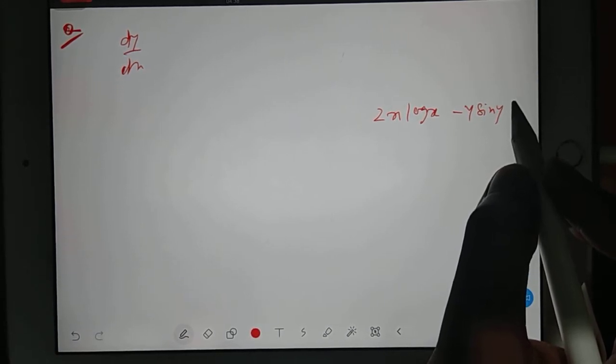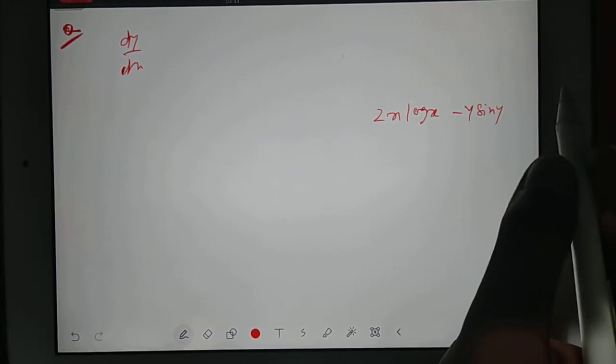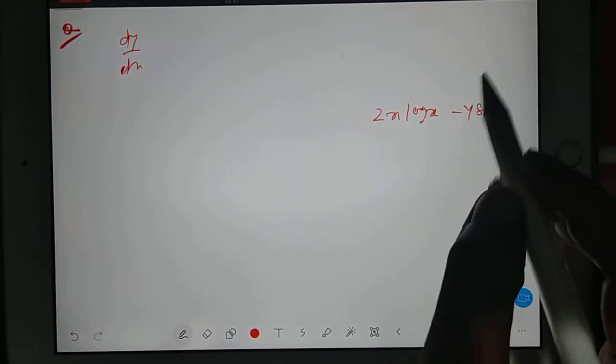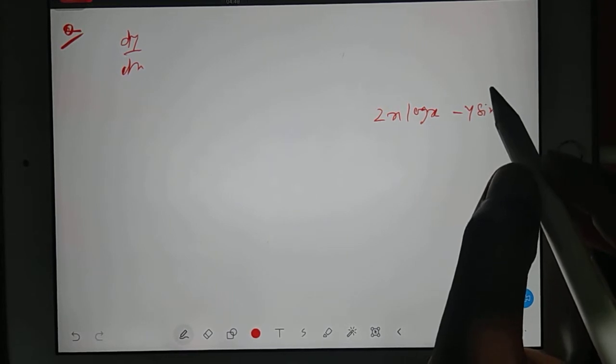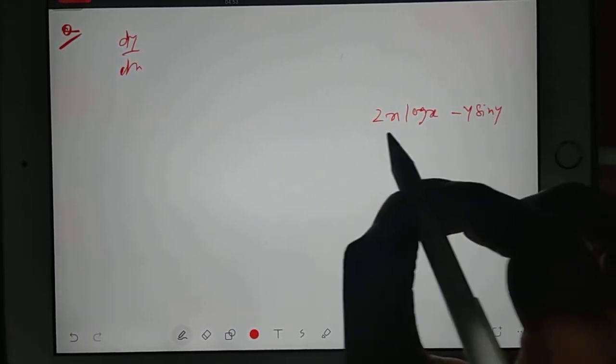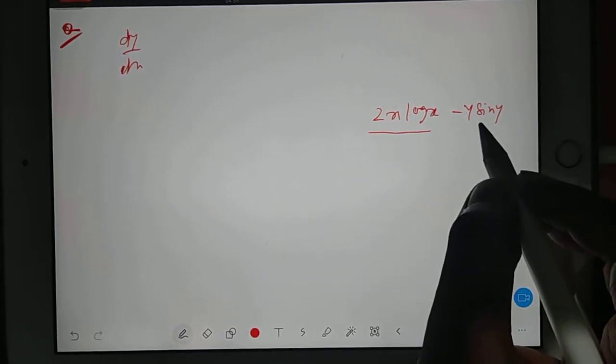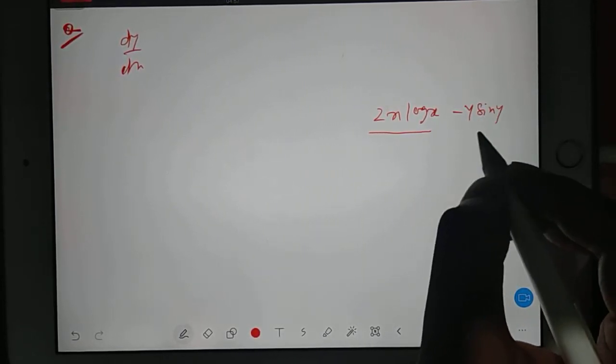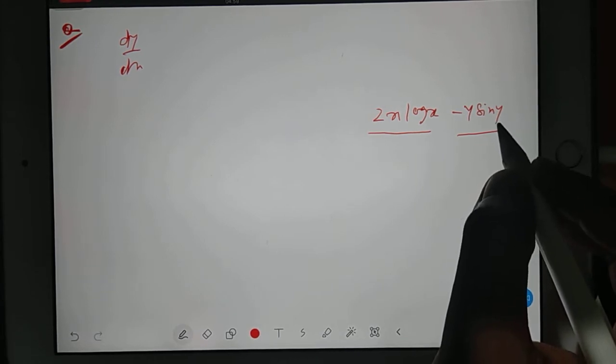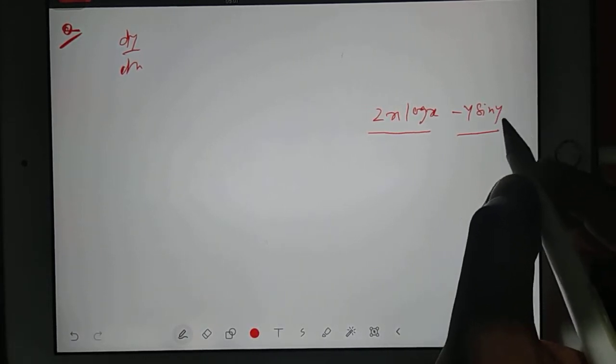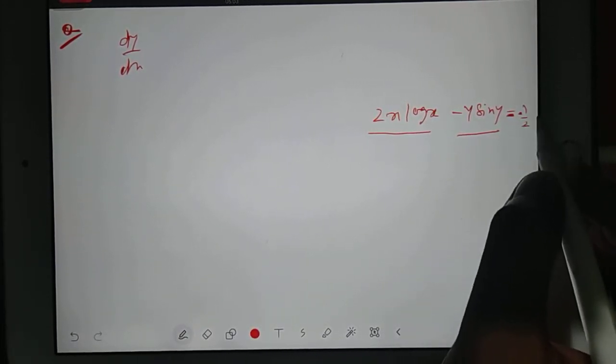Padma, can you repeat your answer? Padma, am I audible to you? Yes, Padma, what is your answer? 2x log x is equal to minus 1 by 2.